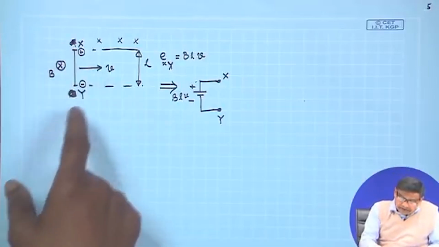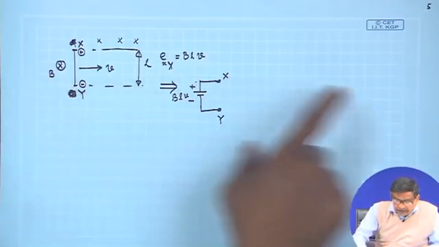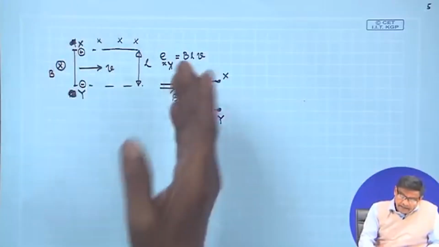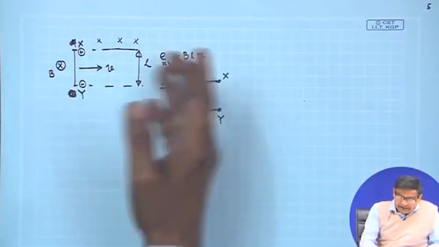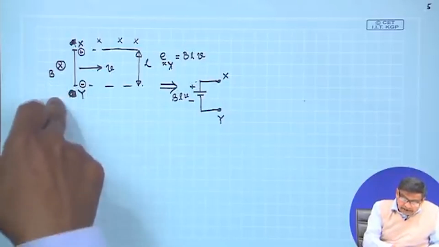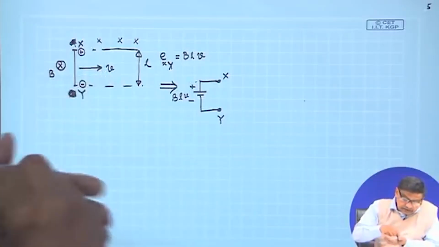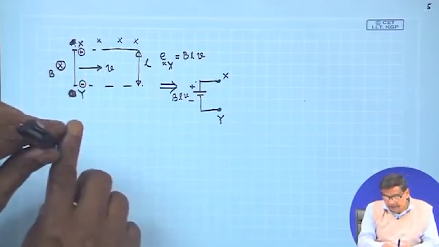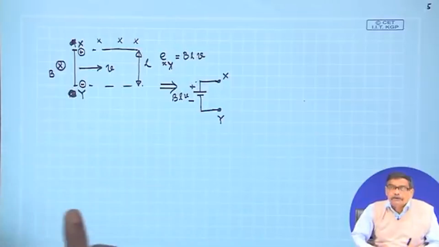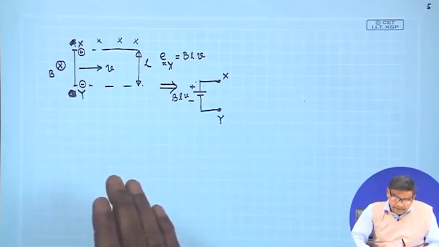So a conductor moving at a constant velocity v will have an induced voltage, provided it is placed in a magnetic field B, and the directions of B and V are mutually perpendicular. This is into the paper, velocity is this way and B is this way, they are mutually perpendicular, then only will an induced voltage be there.